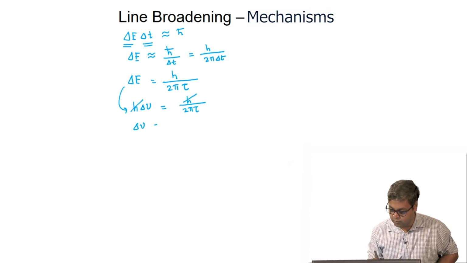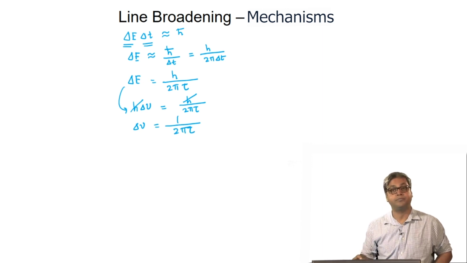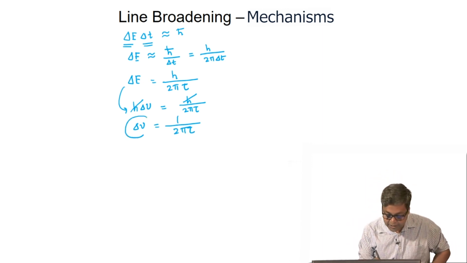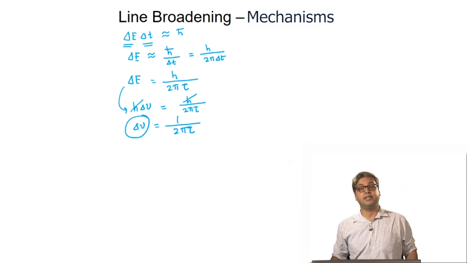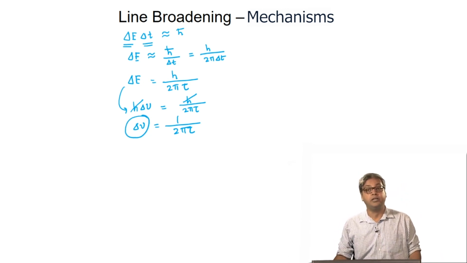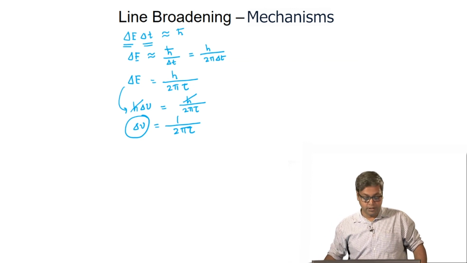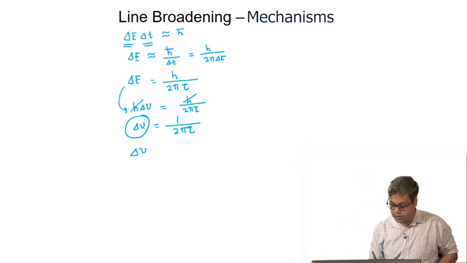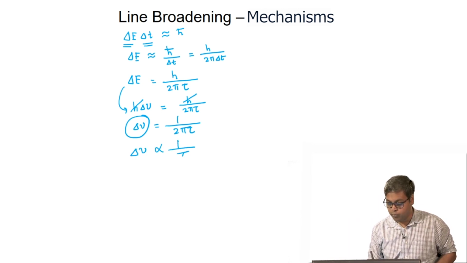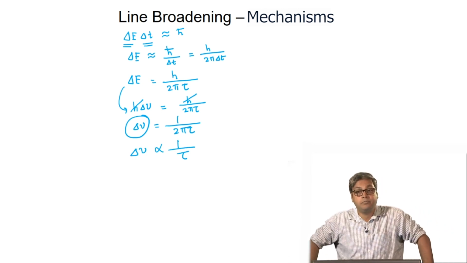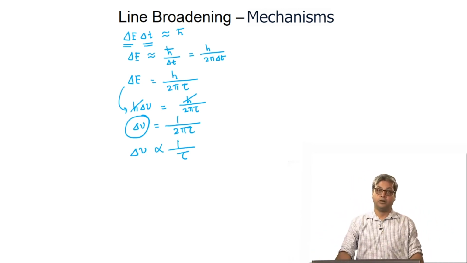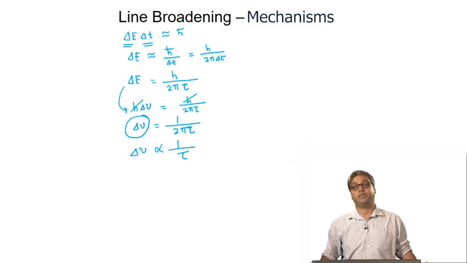So, delta nu equals 1 by 2 pi tau. So, here delta nu is the uncertainty in frequency which gives rise to a broadening of the spectrum along the frequency axis. Thus, the spectral broadening or delta nu is inversely proportional to the lifetime. If the lifetime is short, the spectrum will be broad and vice versa.